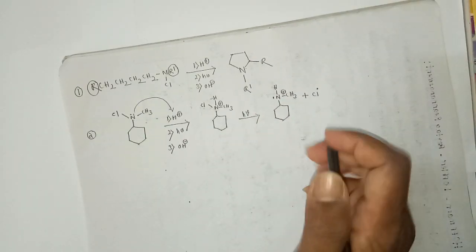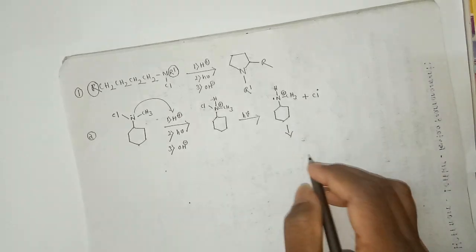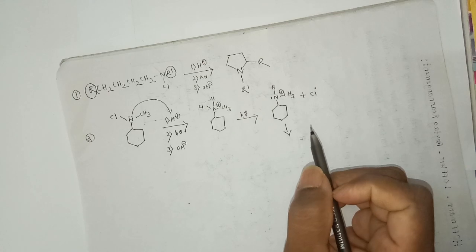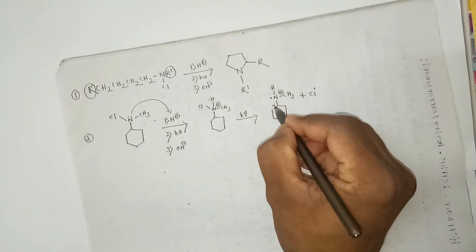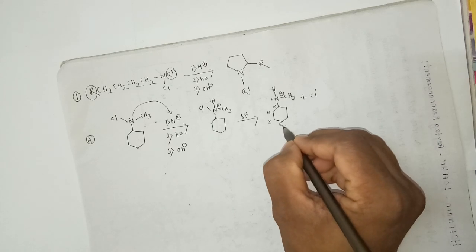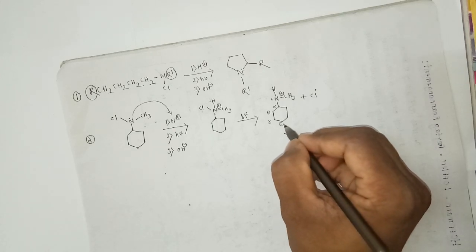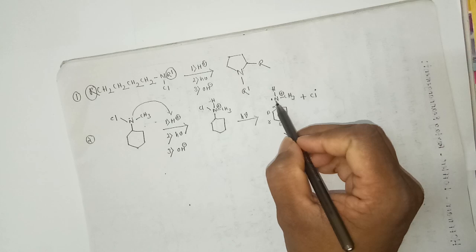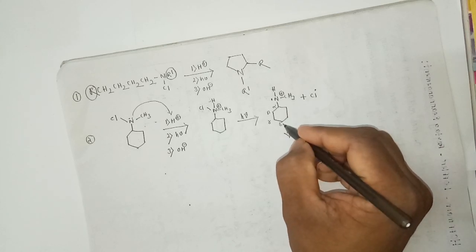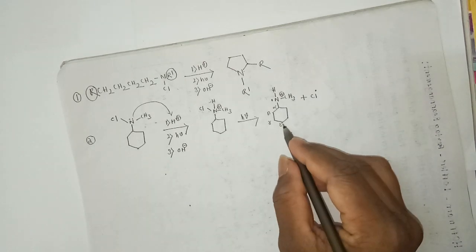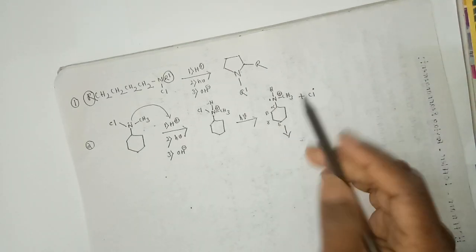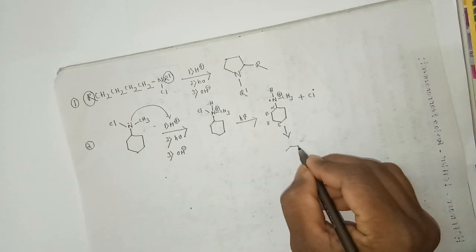Then we have a delta hydrogen. This is alpha, this is beta, this is gamma and this is delta. The delta hydrogen radical will shift towards nitrogen, and the radical will convert to this side. So the delta hydrogen shifts towards nitrogen.